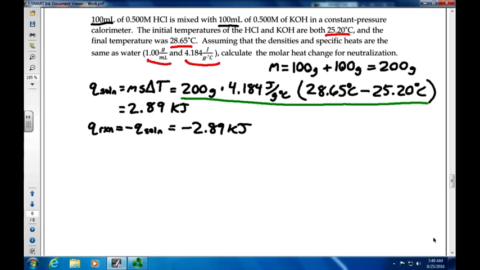The last step involves converting your molarity to moles so that we can then take that and convert it to molar heat. So thankfully the molarity for both of these is 0.5 molar, which makes it a lot easier because then you don't have to find the difference of the two. So in converting it to moles, recall that molarity is equal to moles per liter.